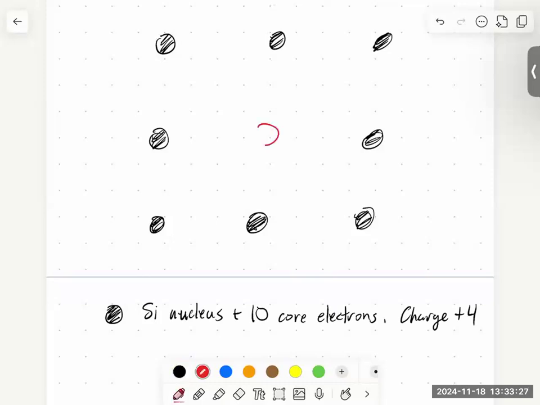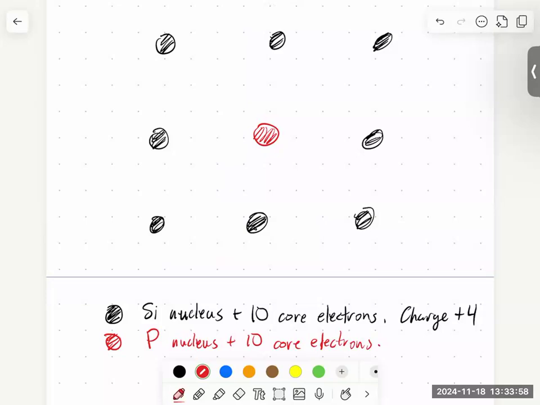All right, and so here's our dopant. There's our phosphorus. This is the phosphorus nucleus plus 10 core electrons. Being element number 15, the nucleus has 15 protons in it. And so the nucleus is charged +15.